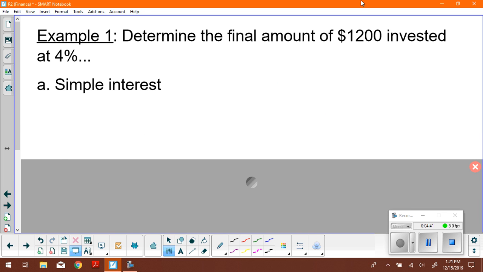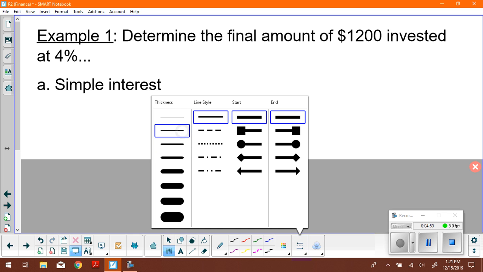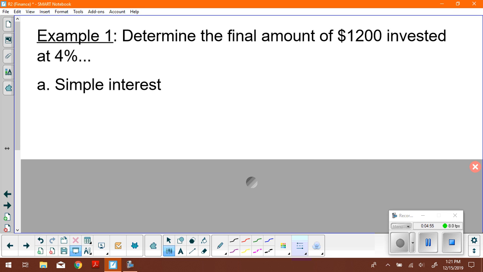Example 1. Determine the final amount of $1,200 invested at 4%. For part A, we're going to do that with simple interest. Because I'm asking for the final amount, we'll use the final amount formula, A equals P(1 plus RT).